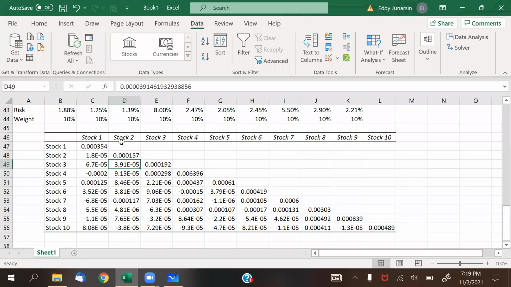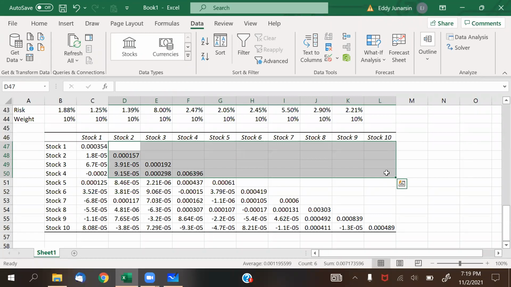We have this one, but if you notice here, I hope you can imagine, we have the covariance and variance. The covariance of stock one and stock one is the variance of stock one. I think we can see that.